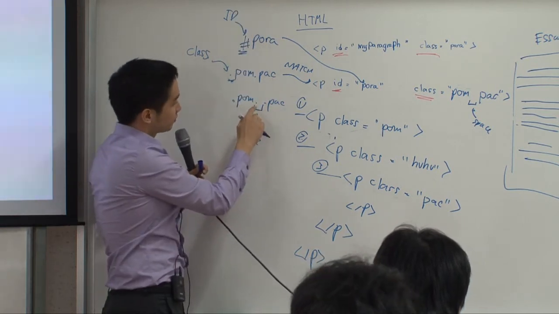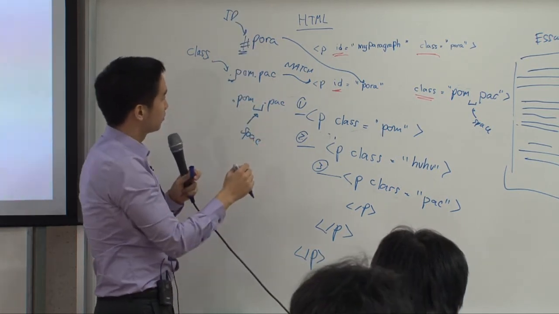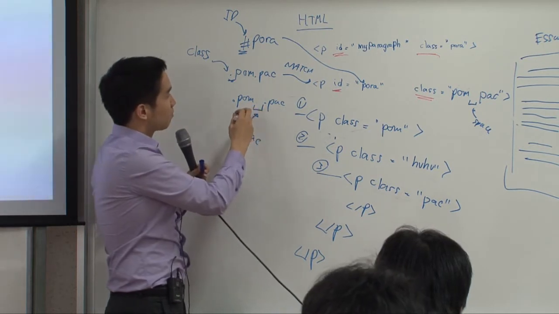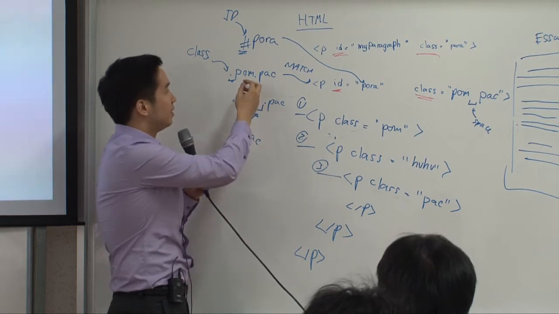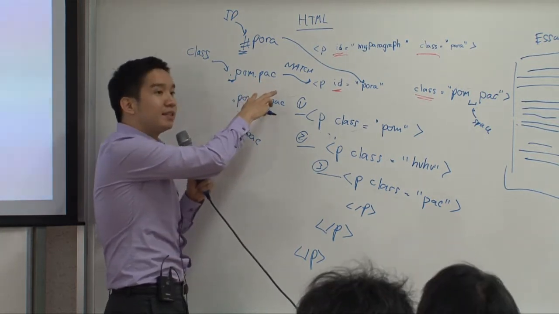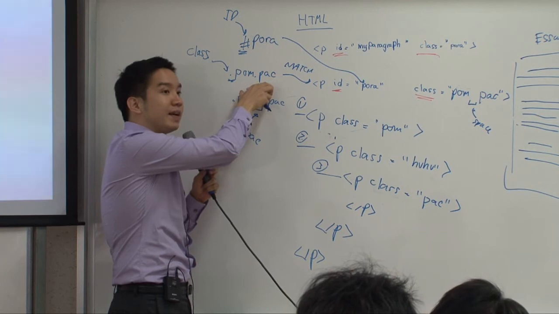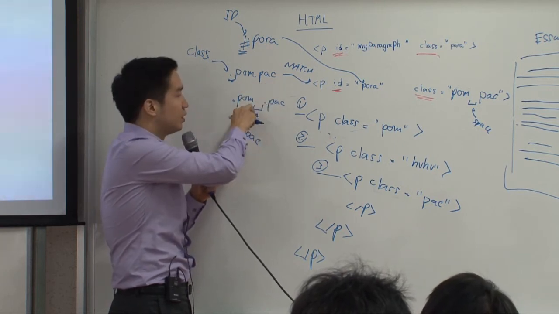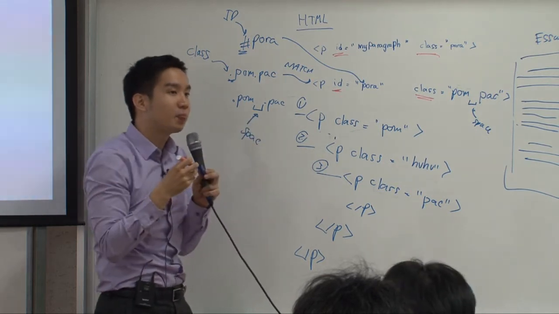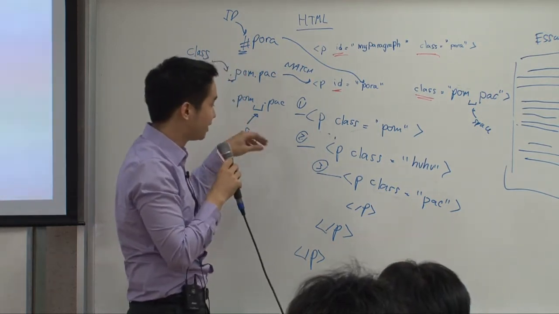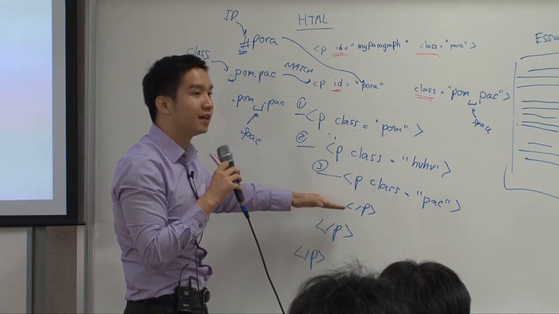And there is a difference between having the classes as a single word versus having two different words, with a space separating the two classes. It would match different elements.